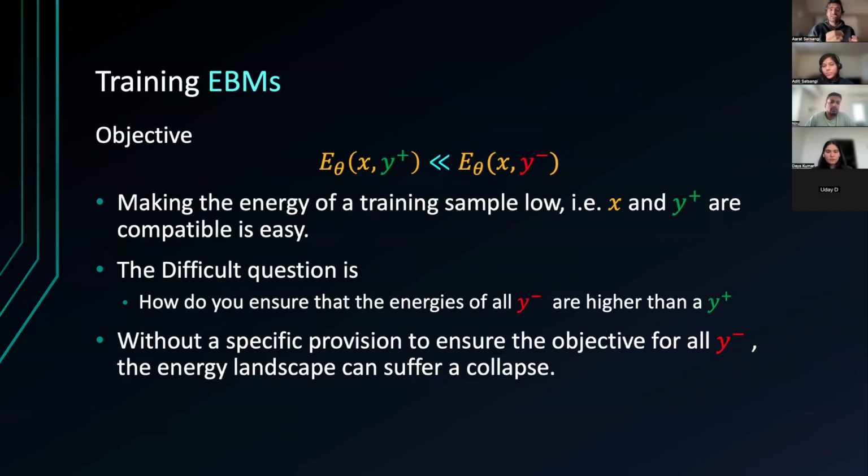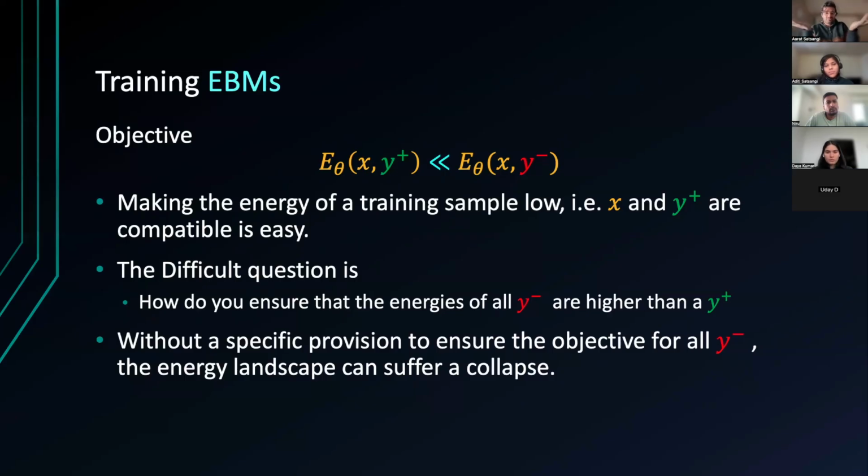So making the energy of a training sample low, that is X and Y plus, is very easy. Let's take an example of an image. You just mask out some part of it, the original part goes through Y, and the corrupted part goes through the other branch, and then you have these two things that are compatible.